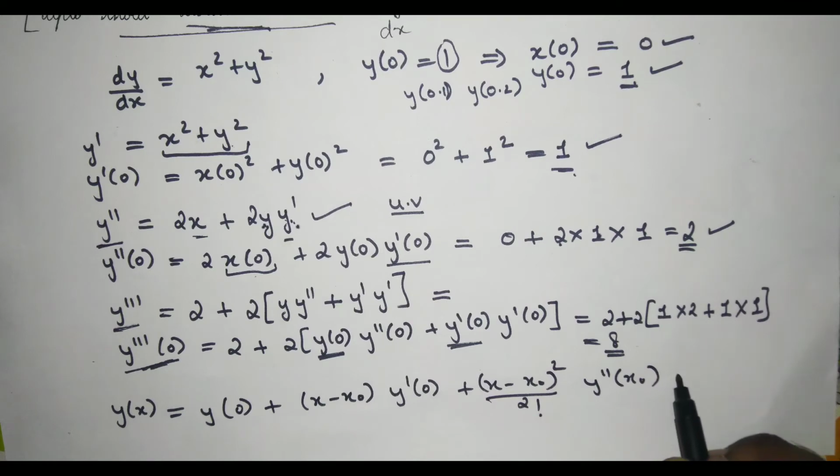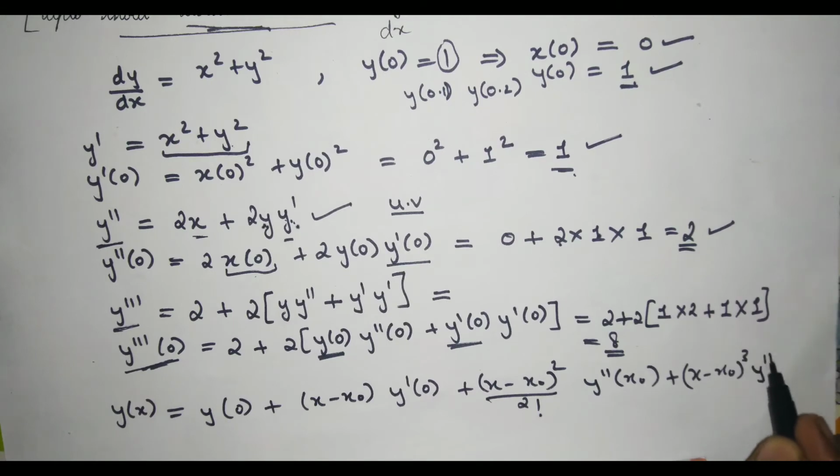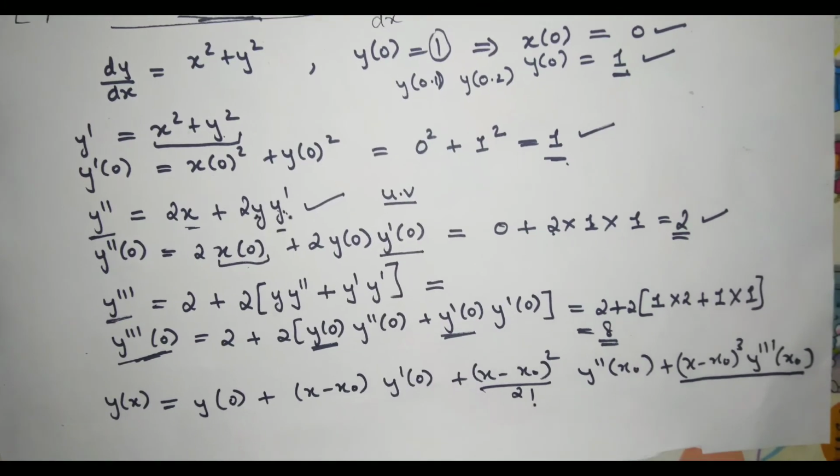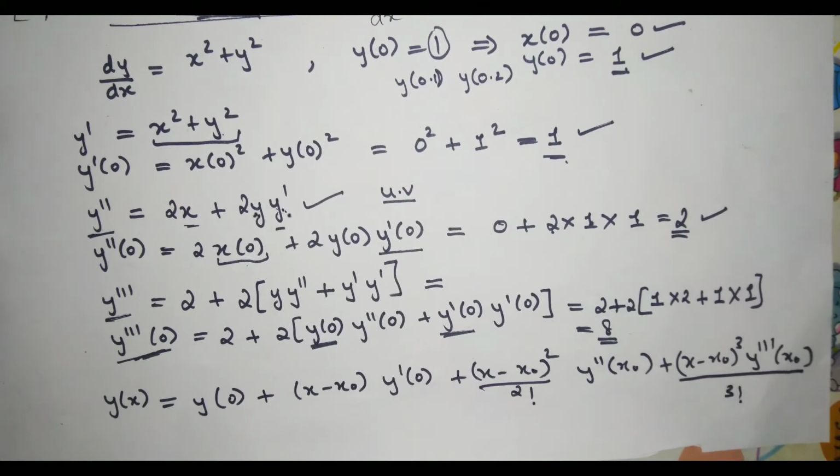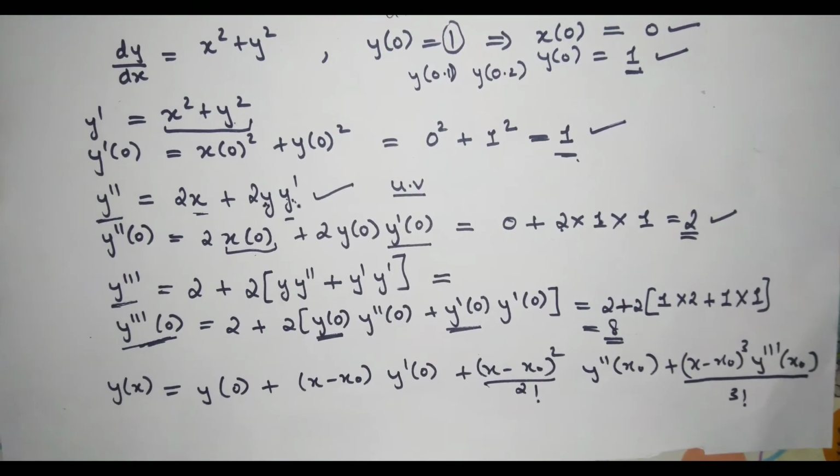This I will explain now. Plus (x minus x naught) whole cube into y triple dash of x naught, divided by 3 factorial.